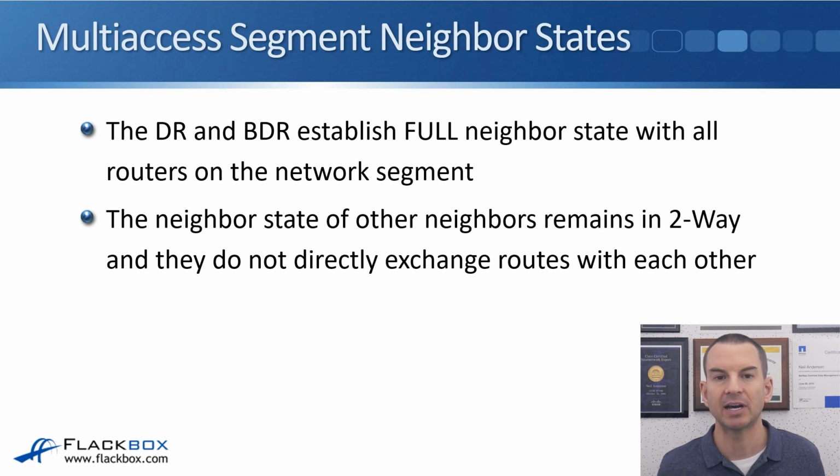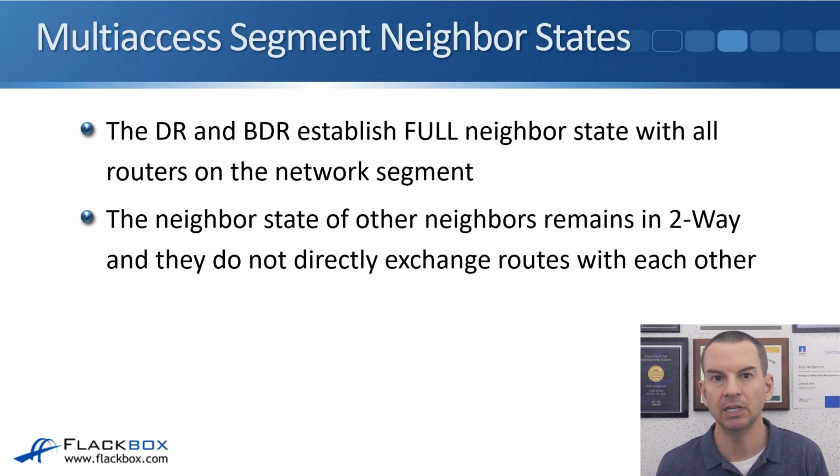The DR and BDR establish full neighbor state with all routers on the network segment. The neighbor state of other routers remains in a two-way state, and they do not directly exchange routes with each other. So, for example, on the example topology we had at the start of the lecture, we had R1, R2, R3, and R4. Let's say that R1 is the DR and R2 is the BDR. Well, R1 and R2 will go to the full state with all of the other routers.